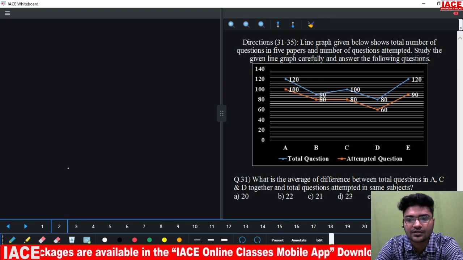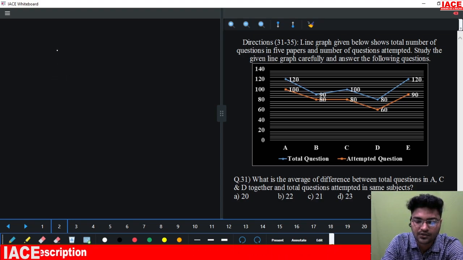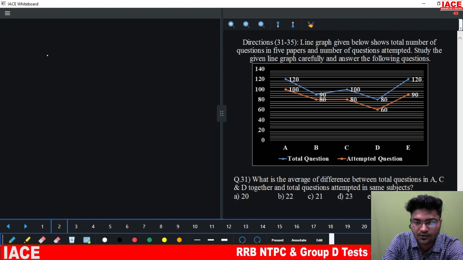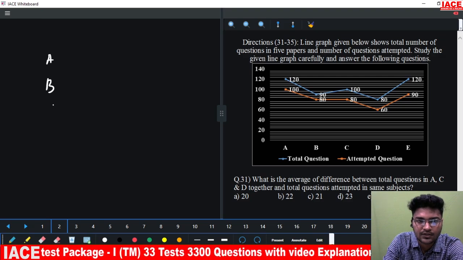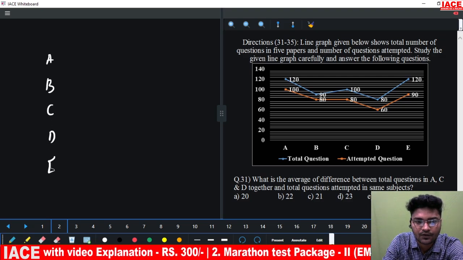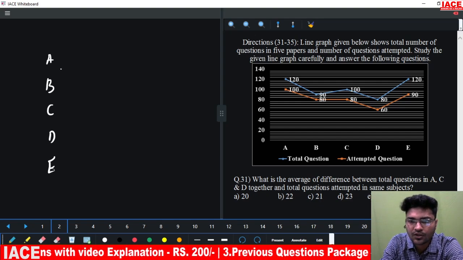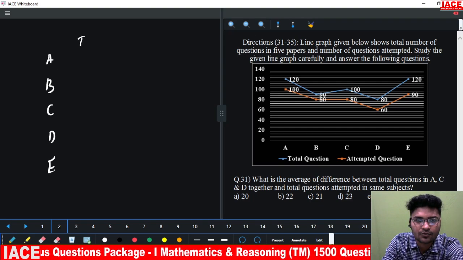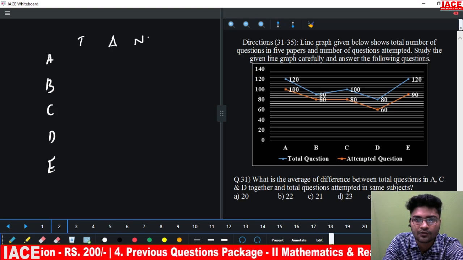Once we study this line graph carefully, we'll form a small data table so that it will make things easier for us. Let me first write down the papers A, B, C, D and E. There are 5 papers. In these 5 papers, what do we have? Total number of questions, attempted questions and non-attempted questions.